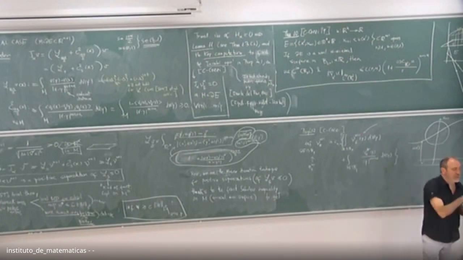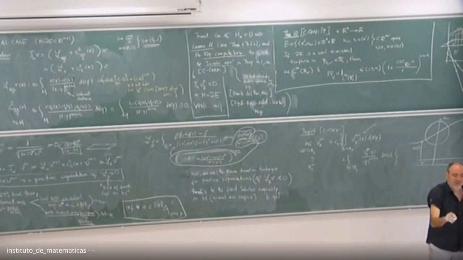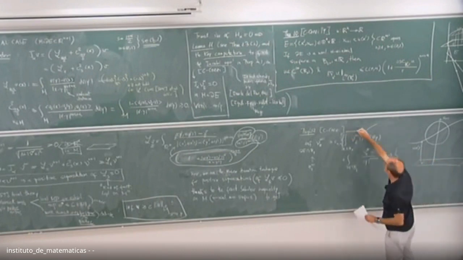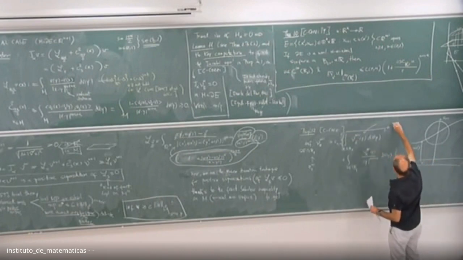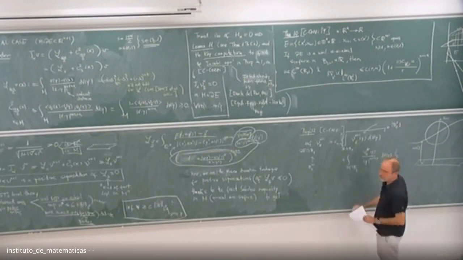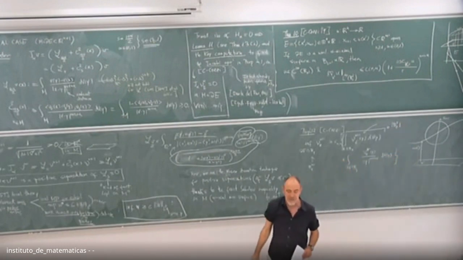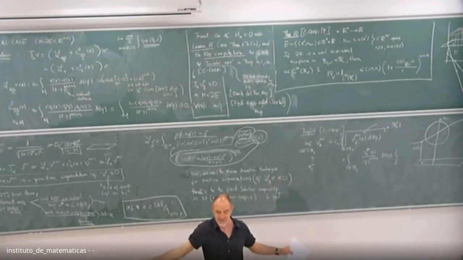But what is integrating on the graph 1 over the square root? It's like integrating downstairs the Lebesgue measure. So this term is exactly the measure of B1 prime. Do you agree with me or not? It's correct, right?